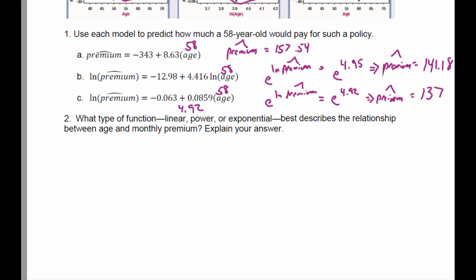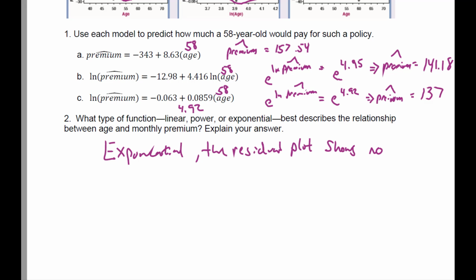Okay, so for number 2, which function is the best? We're going to say exponential, right? Because the residual plot, I should say, not just residuals, residual plot shows no leftover pattern, right?